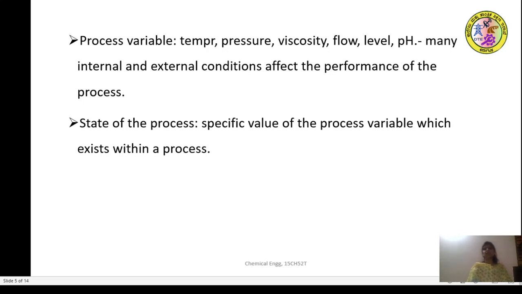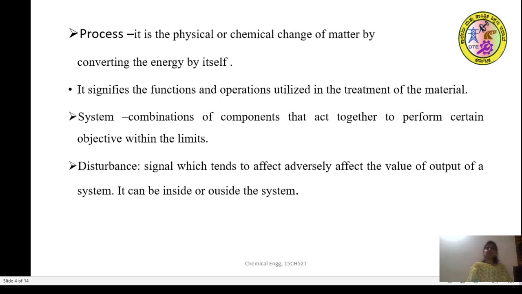So in further classes, if any term like process variable, state of the process or disturbance of the system comes, you should immediately have an idea what it is. Then only you can understand thoroughly.